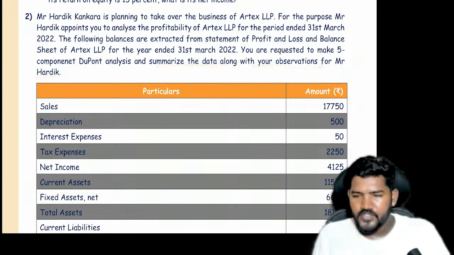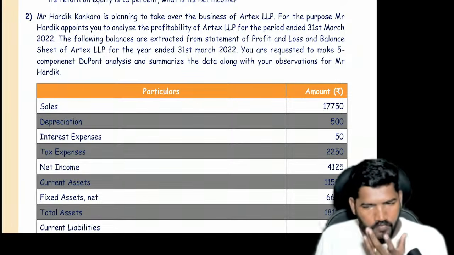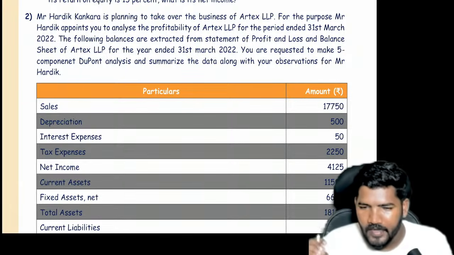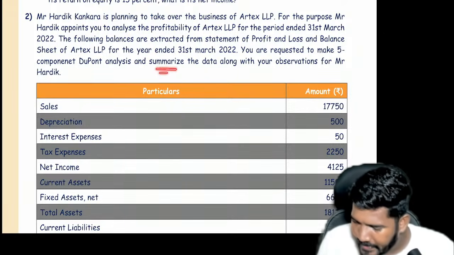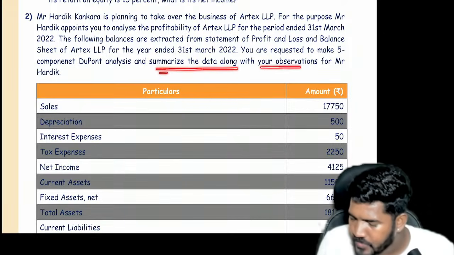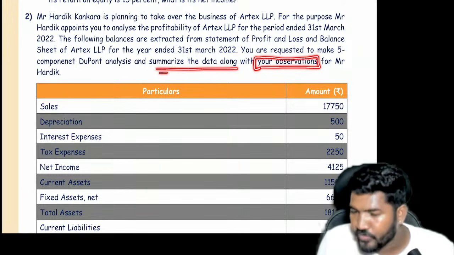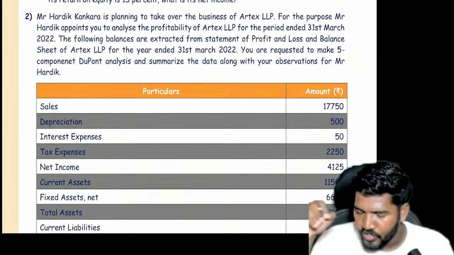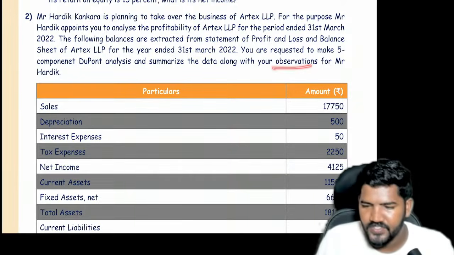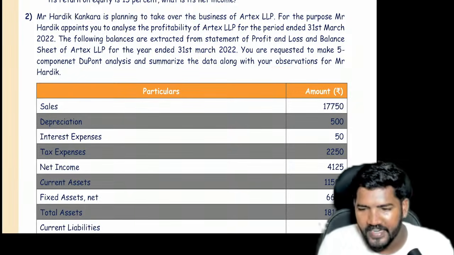Sir, if you ask this kind of question, calculation is not important. You can observe: summarize the data along with your observation. You need to write what is happening in that calculation in a theoretical format. If you are not writing the observations, you don't get full marks.